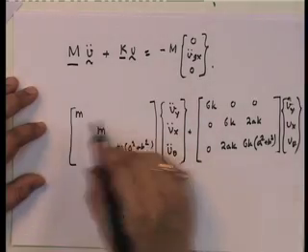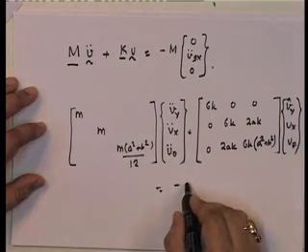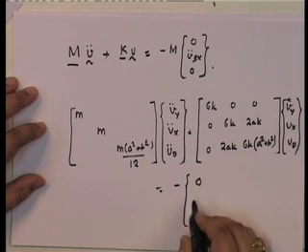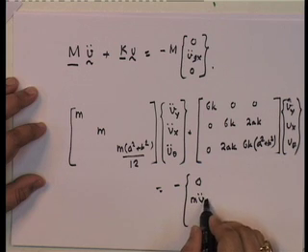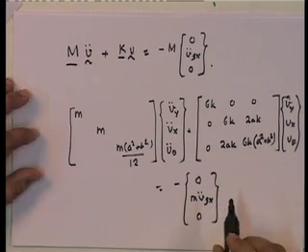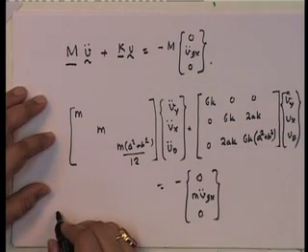If you look at this, this into this basically becomes just 0, m Vgx, 0. Now, if I look at the first top equation, what does it give me?